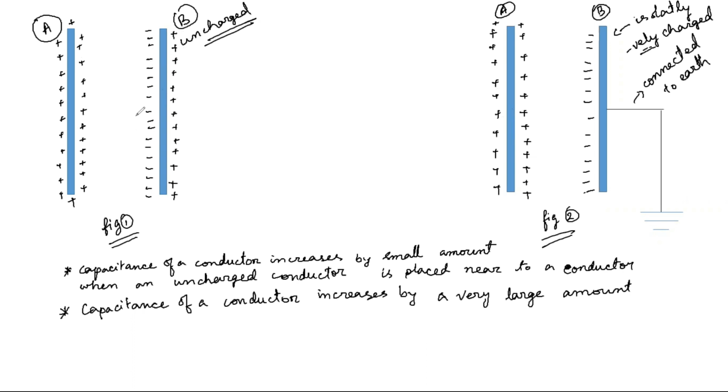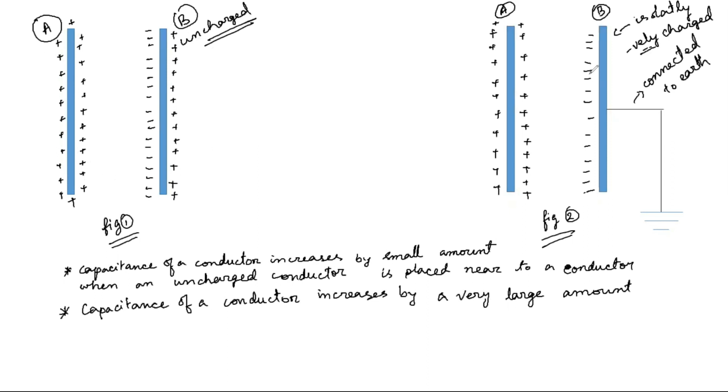But since the negatively induced charge face is closer to plate A, and the positively induced charge face is a little far away from plate A, the overall change in electric potential decreases for plate A.